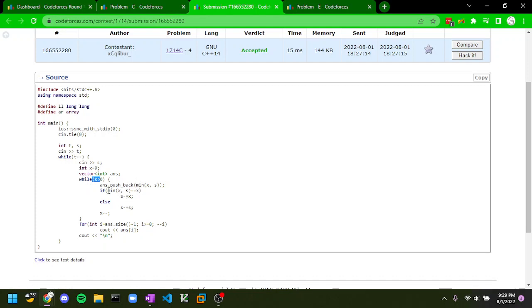And then if the minimum is x, so if x is less than s, then I subtract x from s, and otherwise I subtract s from s. And then I also do x minus minus to find the next, because each element has to be distinct, I have to go to the next largest. And yeah, you can see why I'm doing this.